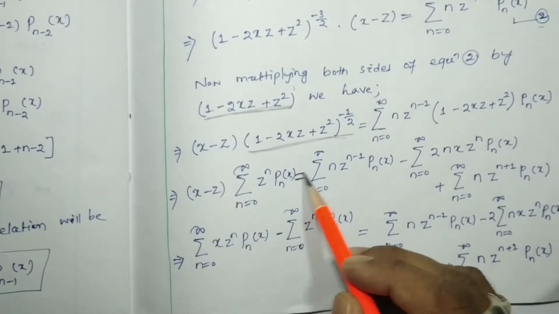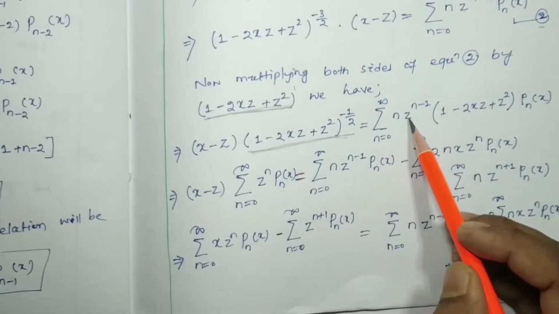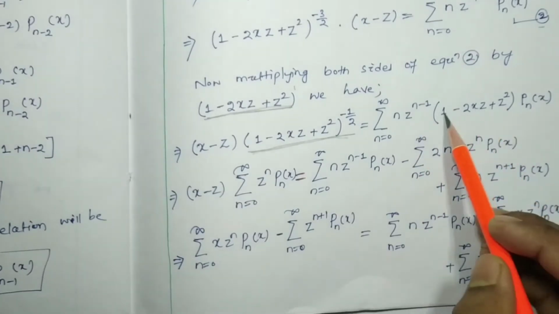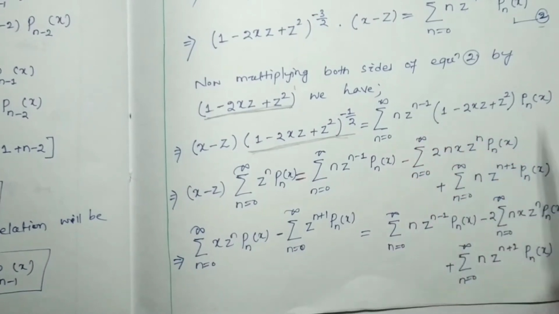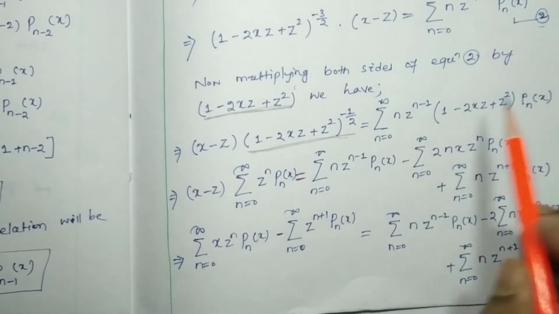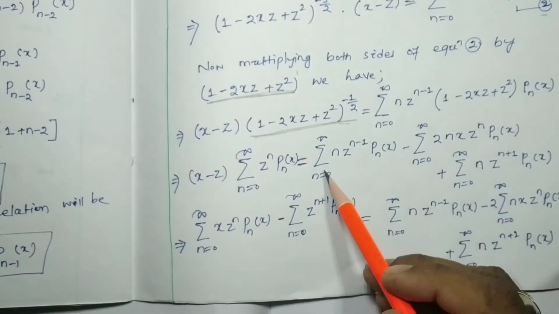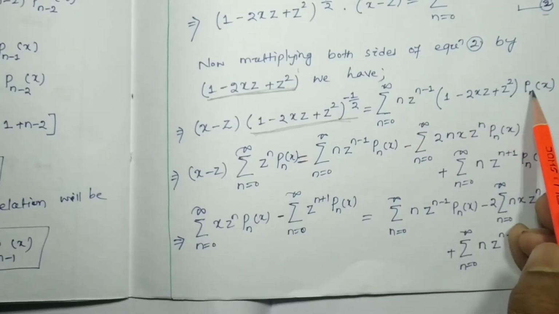This is equal to, I multiplied n into z to the power n minus 1 with each term and also P_n(x). That means n z to the power n minus 1 and P_n(x) is going to be multiplied with these three terms. What we are going to find, the summation over n = 0 to infinity of n z to the power n minus 1 into P_n(x).